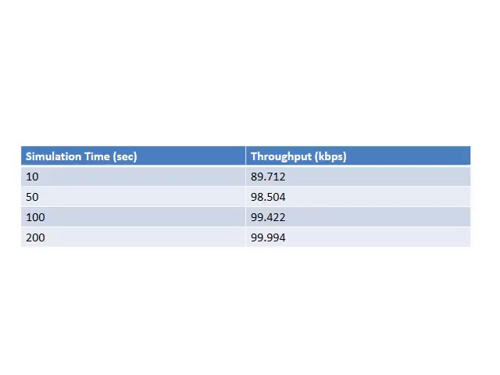For 50, it is 98.504 kilobits per second. For 100, it is 99.422, and for 200, it is 99.994. So as the simulation time keeps increasing, our throughput approaches the theoretical value. In the next slide, we look at percentage changes in throughput with increase in the simulation time.